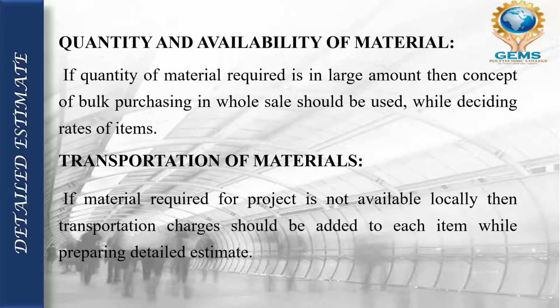So that is the thing. Okay, so quantity and availability of material. If we need large quantities, we can get the total amount of quantity whatever we need through bulk purchasing. So that will be a profit for you. Okay, that is the thing we have to consider.